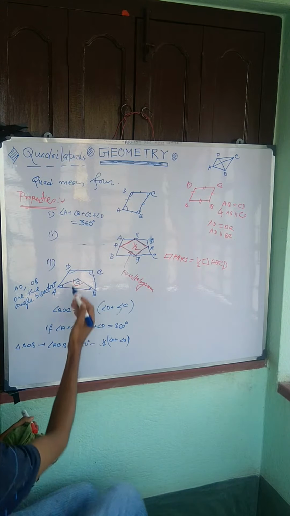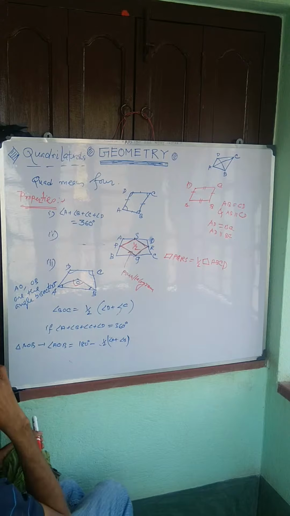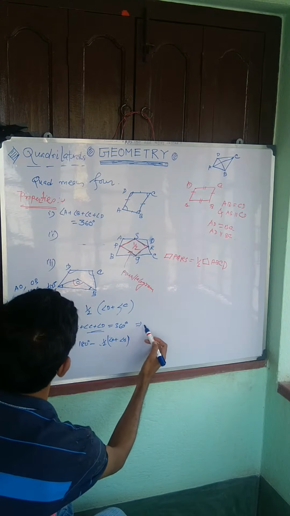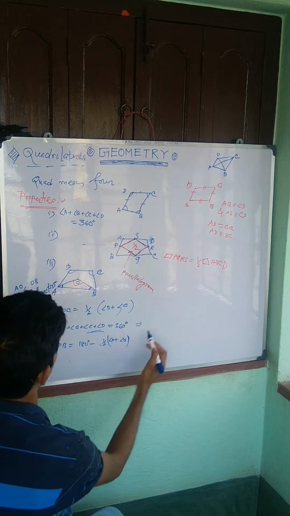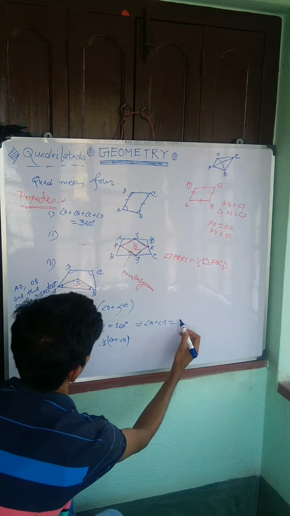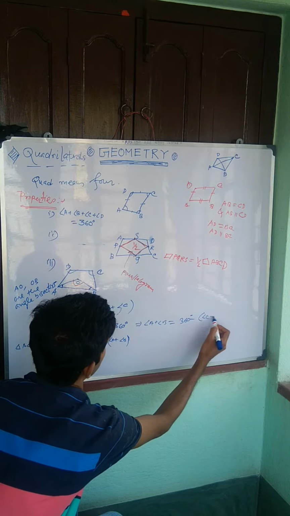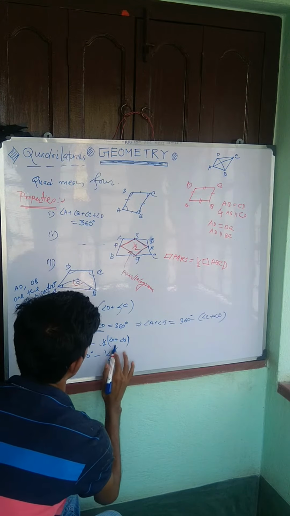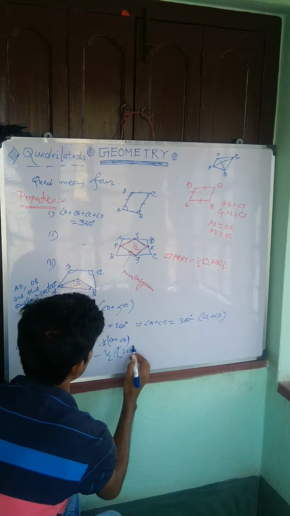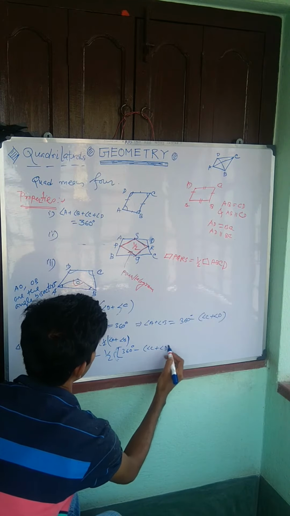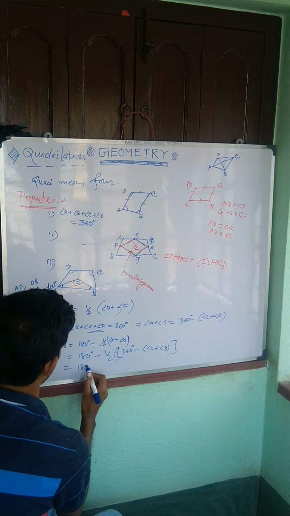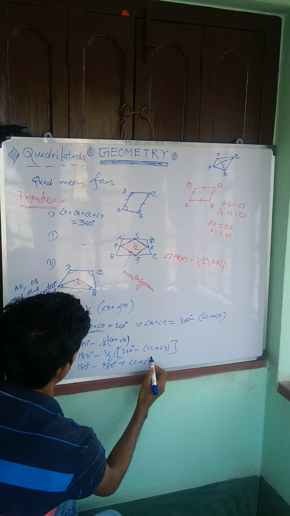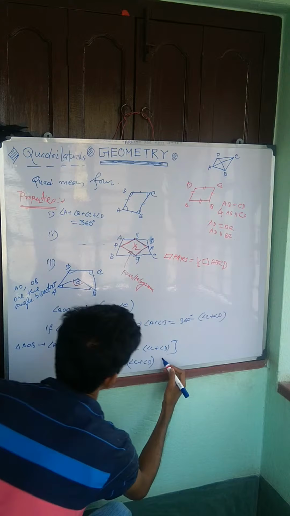Now I have to put the values: angle A plus angle B is equal to 360 minus angle C plus angle D. Put here the value of A plus B. It would be 180 degrees minus half of 360 minus angle C and angle D, which goes out.